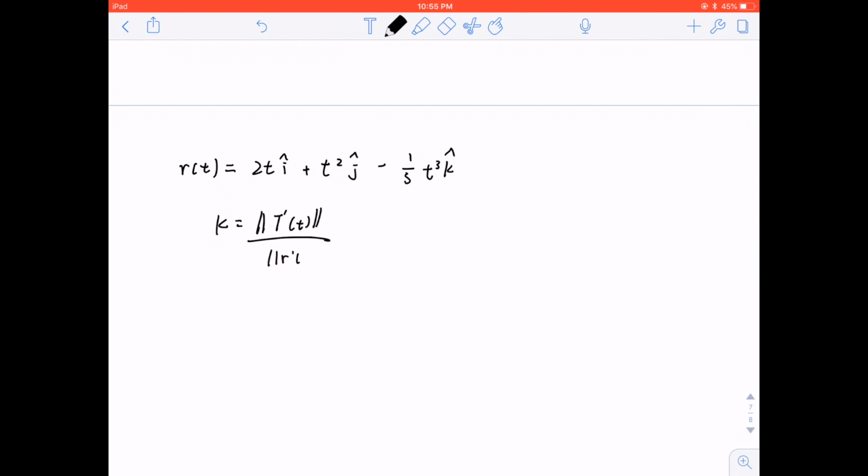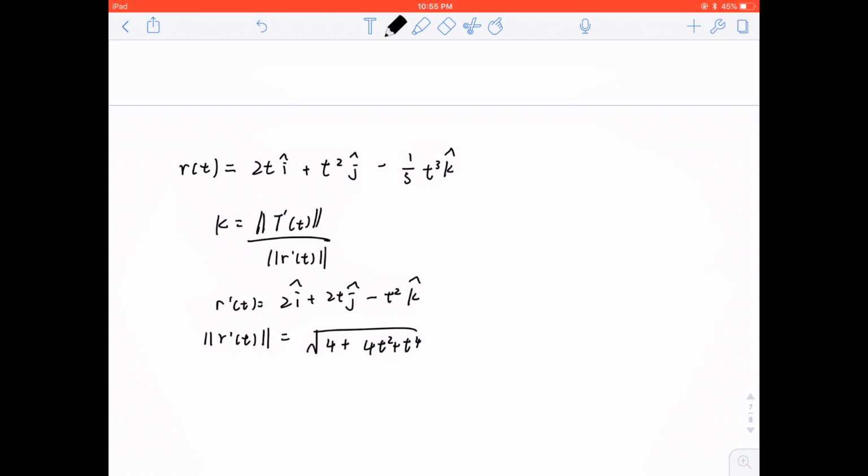the magnitude of T prime over the magnitude of r prime. And now we have to find the derivative of r sub t. So r prime of t is just 2i plus 2t j minus t squared k. And now we can find the magnitude of it. The magnitude of the derivative of r sub t is the square root of 4 plus 4t squared plus t to the 4th power, and that's just going to give you t squared plus 2.